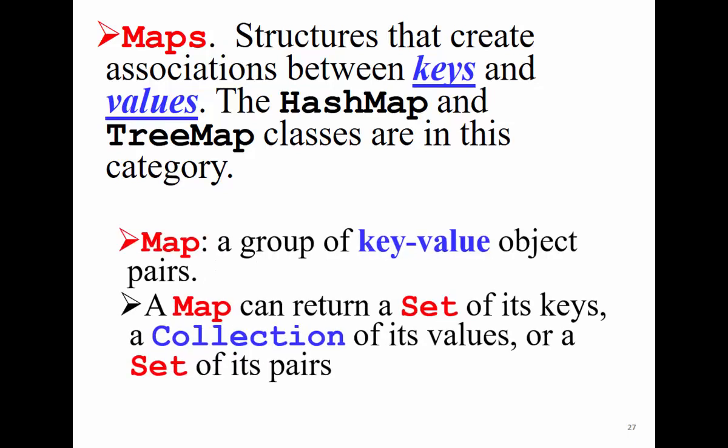So whenever you are working with an application where you have the key and the value together, they create one entry, and the key can be an object, the value can be an object, so you use the map. And the last sentence is very important. Inside the map, you can retain a set of keys. You're not retaining a list of keys, a set of keys. I don't care about the order. I care about whether this key exists or not.